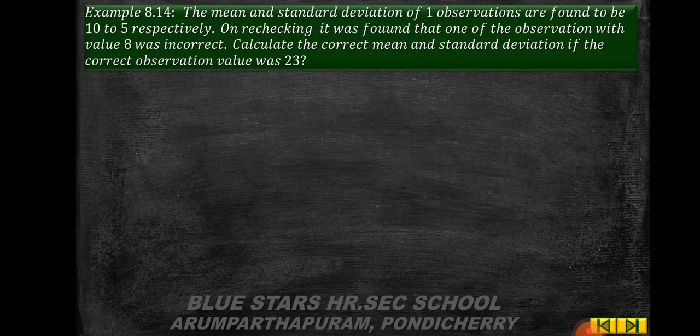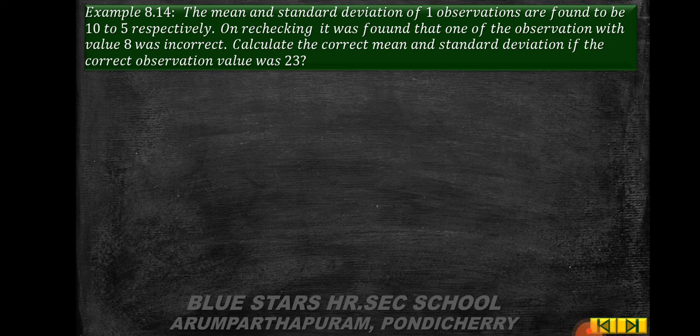Now the last example of the exercise, example 8.14. The mean and standard deviation of 15 observations are found to be 10 and 5 respectively.